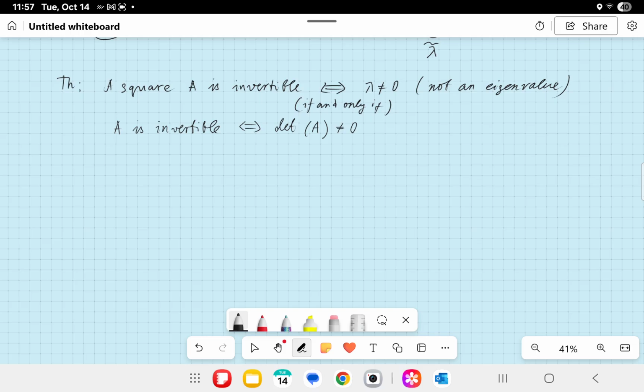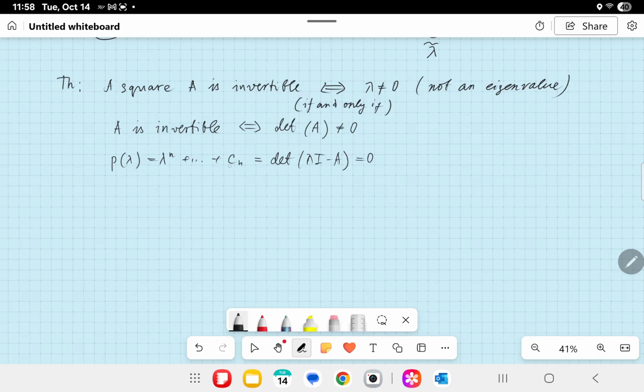On the other hand, guys, we know that for this characteristic polynomial p of lambda, which is lambda to the power of n plus ... plus cn, equals the determinant of lambda I minus A, equals 0.